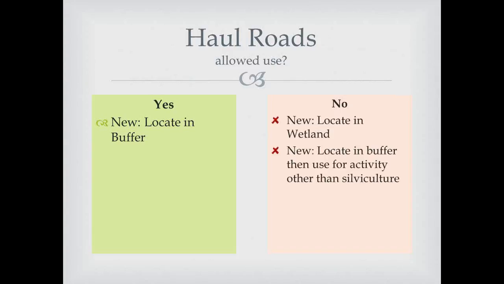If you locate it in the buffer and then use it for an activity other than silviculture, that's something that requires a permit. A lot of times we will get something in that says, oh, this is a silvicultural road that magically turns into a residential road, and this allowed use is really only surrounding the sustained use of silviculture.